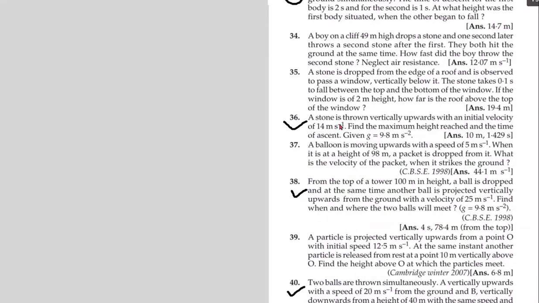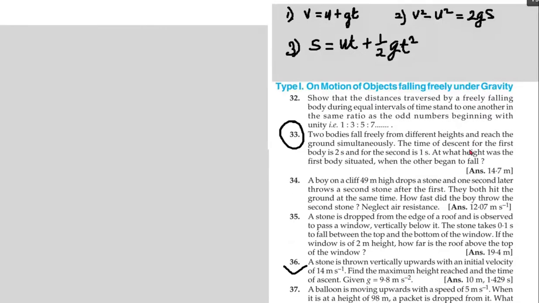A stone is thrown vertically upwards. That means if I throw a stone vertically upwards, on reaching the maximum point, the object is at rest for a while and again falls down to the earth.